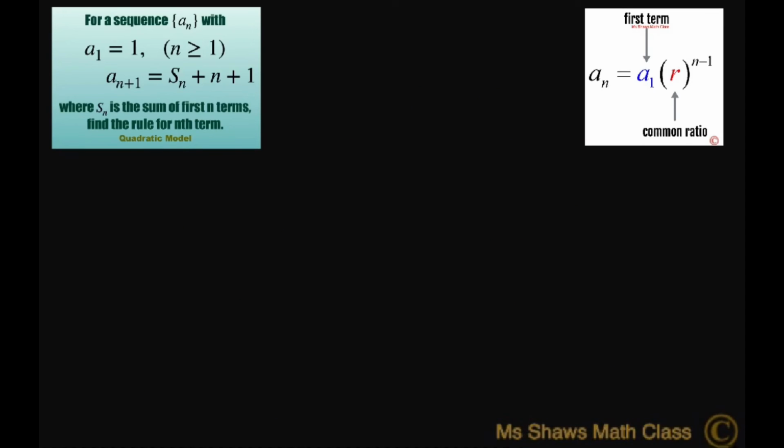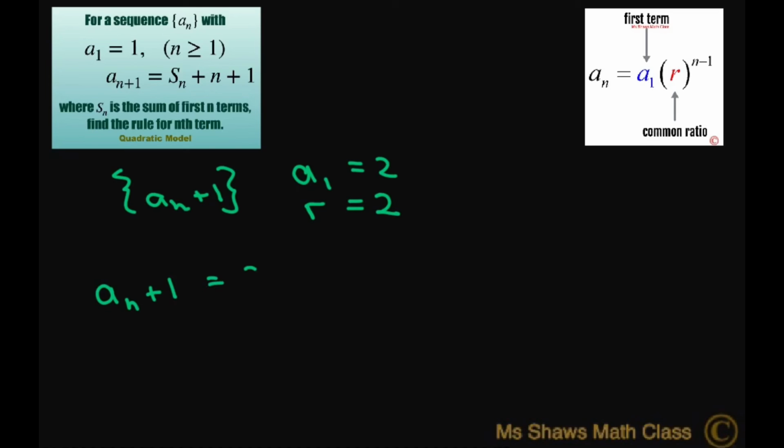Therefore, since a sub n plus 1 is geometric, and we have our first term equals 2, and our common ratio equals 2, then a sub n plus 1 equals 2 times 2 to the power of n minus 1, and this is going to equal 2 to the power of n.